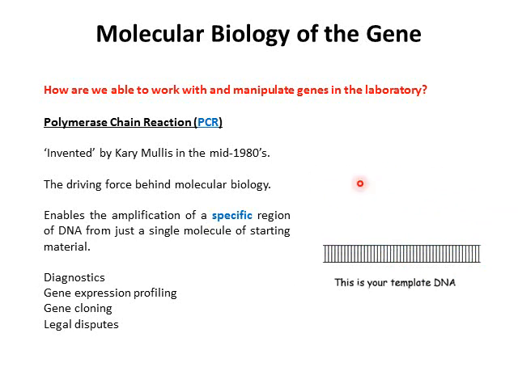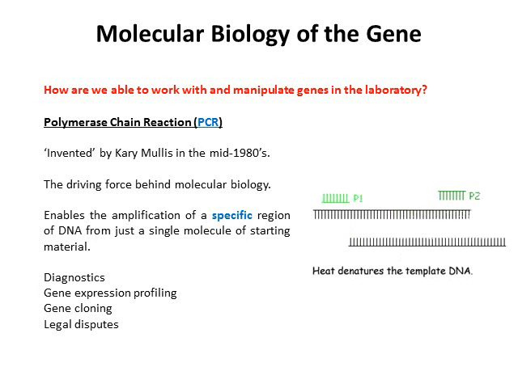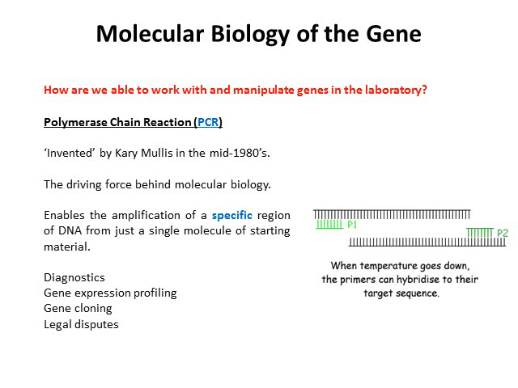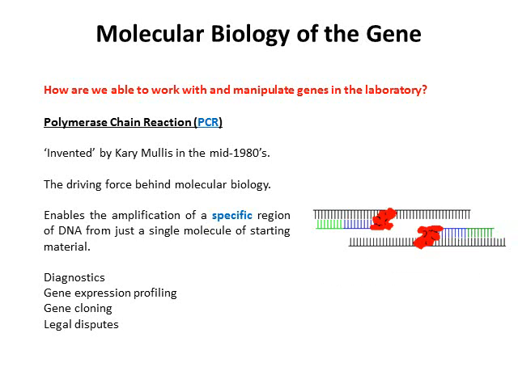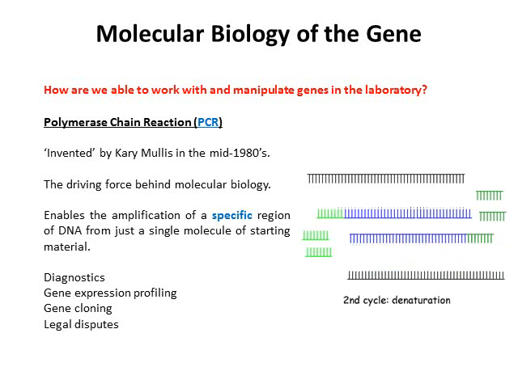Once you have the primer annealed to the specific region of the gene, DNA polymerase comes along and starts copying that DNA sequence to create a newly synthesized strand of DNA, which is complementary to the template strand. Now, the clever thing about DNA polymerase in PCR is that Kary Mullis realised you could use DNA polymerase isolated from an organism called Thermus aquaticus, which is a bacteria that lives in hot springs.